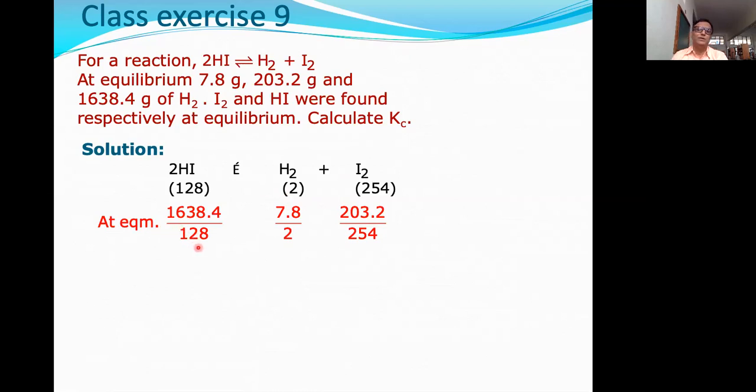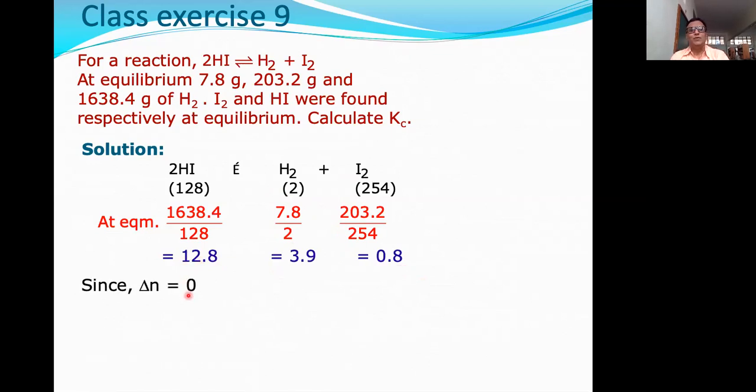So at equilibrium, you can write 1638.4 divided by 128 for HI, 7.8 divided by 2 for H2, and 203.2 divided by 254 for I2. So you will get 12.8, here 3.9 and here 0.8.